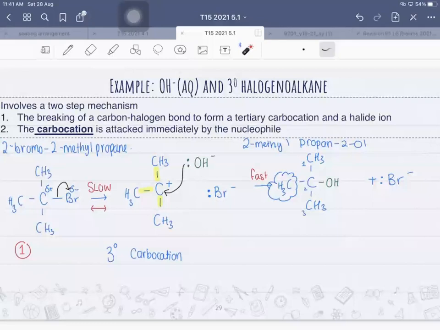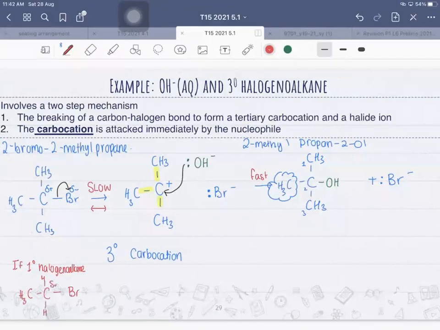For the next section, while you're still copying down, I'm just going to explain to you why primary carbocation cannot go through SN1. So imagine if primary halogenoalkanes were used. Then I would just use a simple halogenoalkane. So that is an example of a primary halogenoalkane.